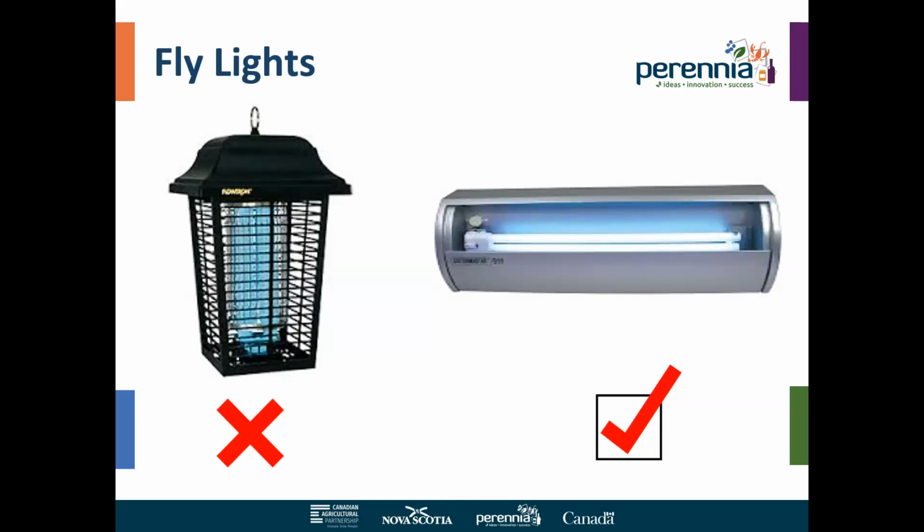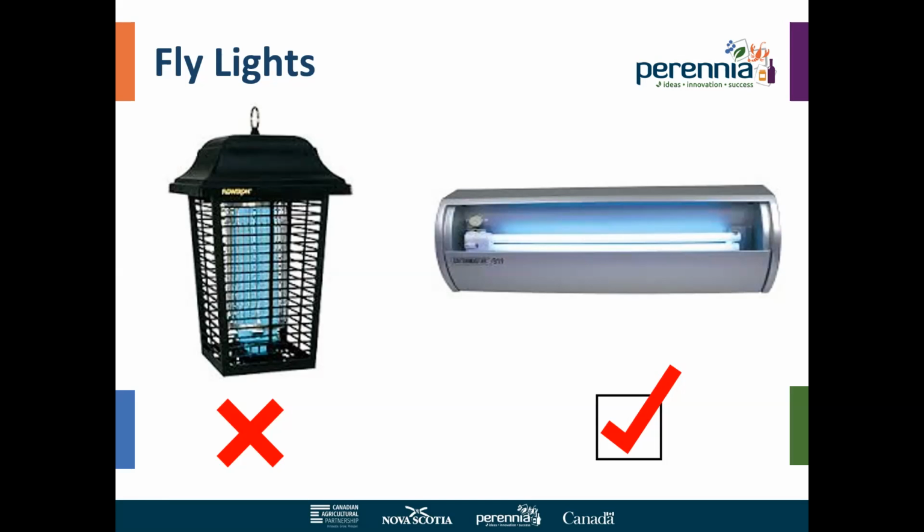Fly lights. So the zappers on the left, these are something that should not be in your facility. When an insect comes and gets zapped, they can actually spread 2 meters in each direction. So the light on the right is the device that you should have at your facility. Basically, it has bulbs that attract the insects to the light, and then in behind is a sticky pad where the insects will basically stick and be contained.